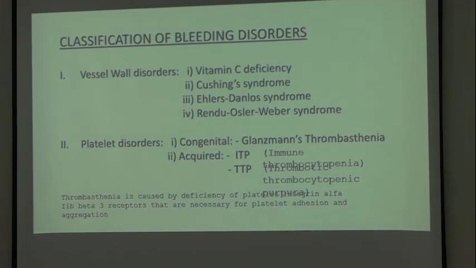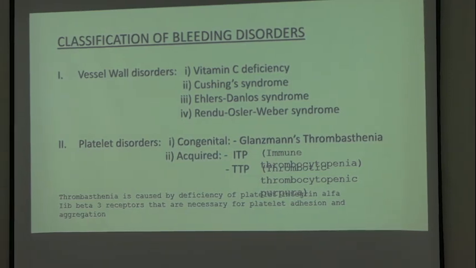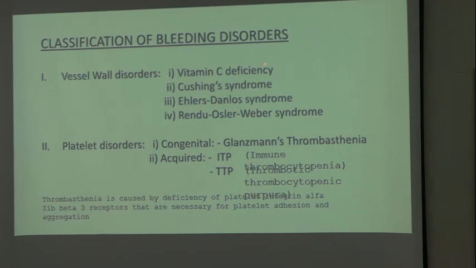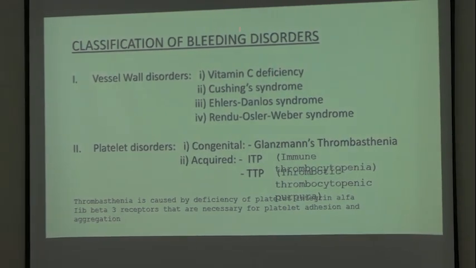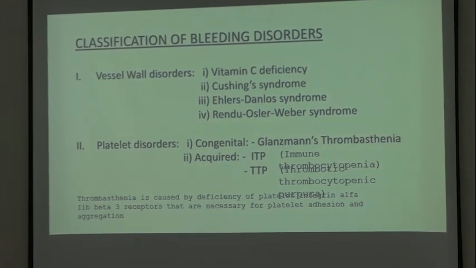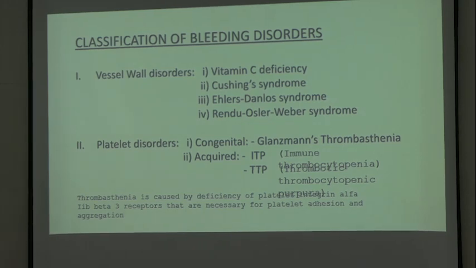That's why, see, vascular wall disorders. So from vascular wall disorder there may be bleeding. These are the various disorders. These are not important for your exams, but purpura comes under this. It is a vascular disorder.